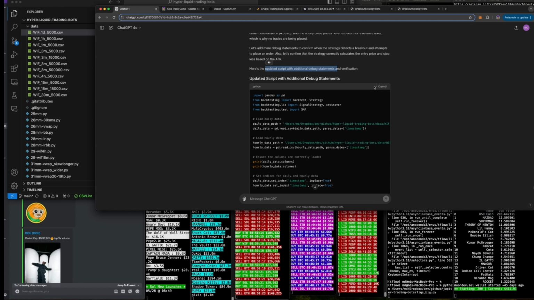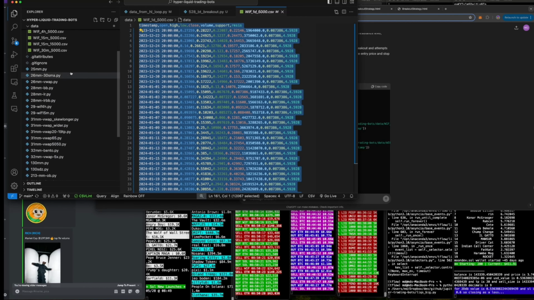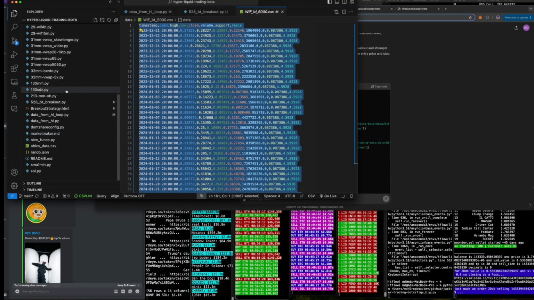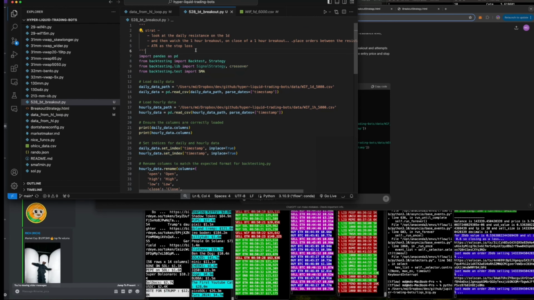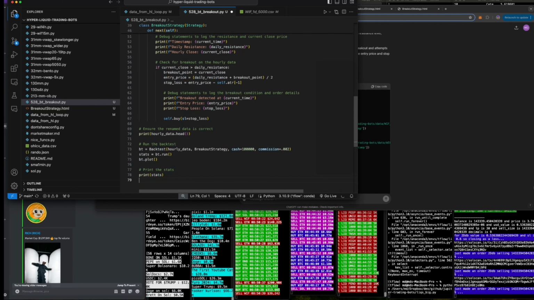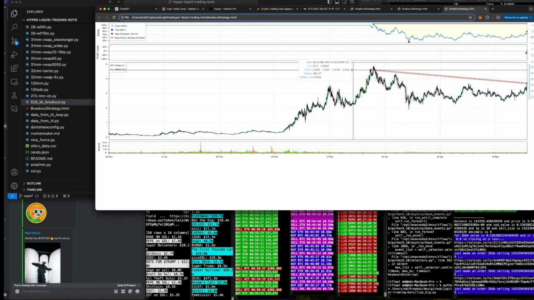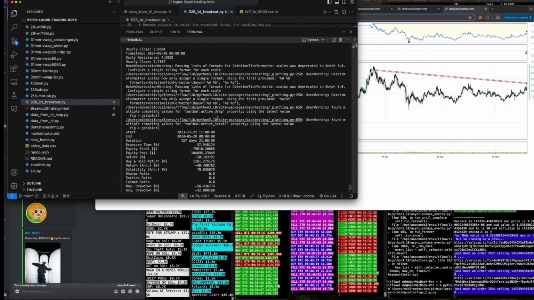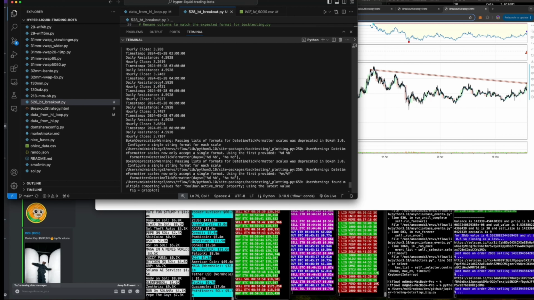So I'm going to go ahead and raw dog this just a little bit, and we're going to see what the data is looking like, because that might be the wrong approach to this, because there's those wicks. Okay, boom. It's the same thing though, because we didn't change anything, and that's expected. So daily resistance timestamp 459.